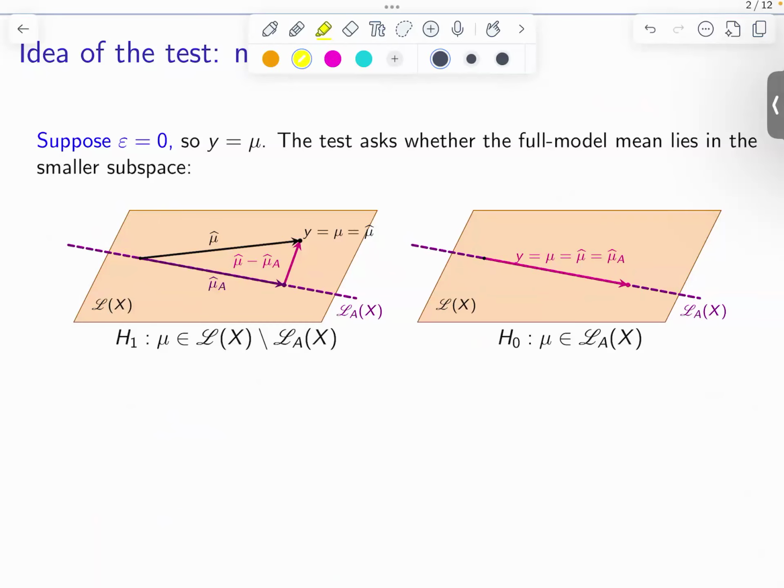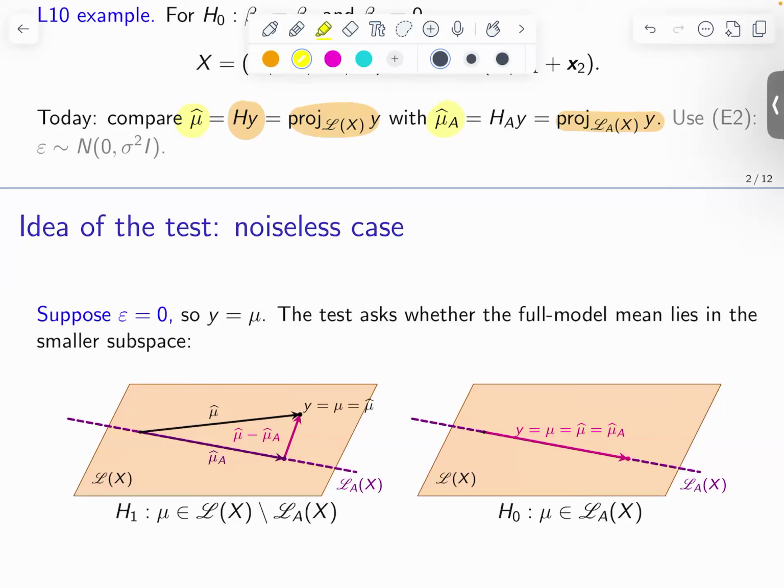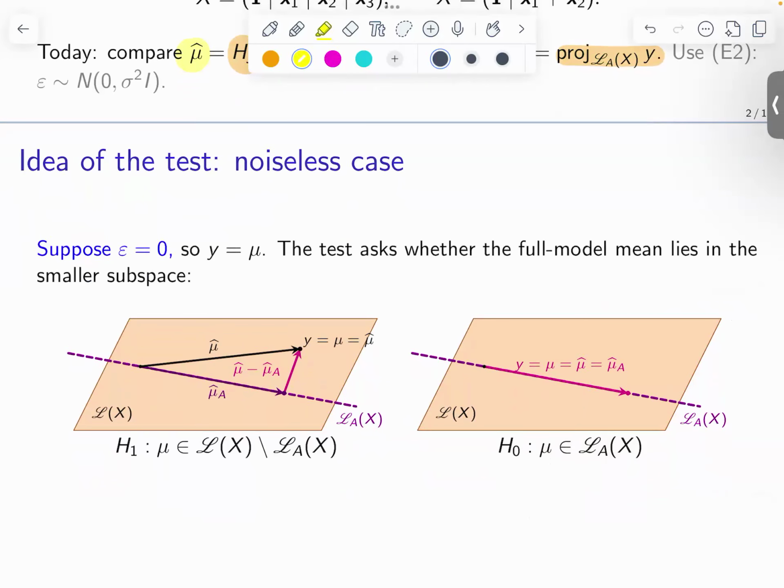So let me give you a picture when the noise is zero, so that you can see that by comparing mu hat and mu hat a, you can figure out the relation. If the noise is zero, y is just equal to mu. And then the test is going to ask us to fit the two models.